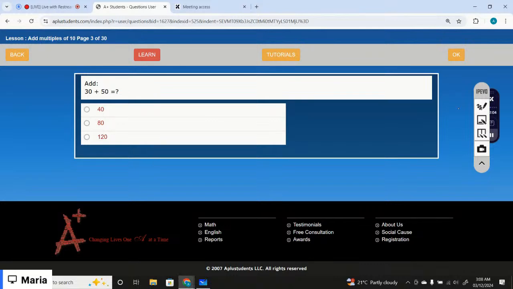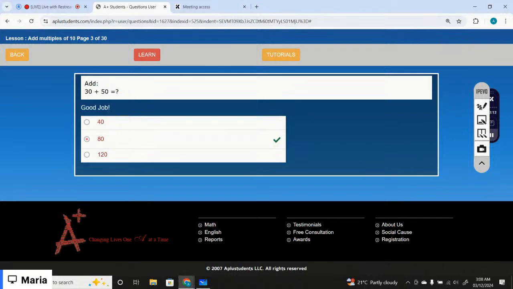That is 50 plus 30 equals 80. Option number 2 is the correct option.